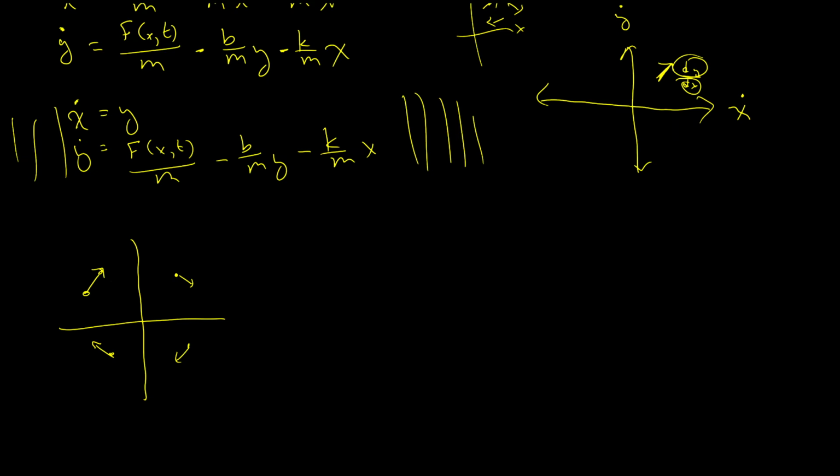In our direction vectors, we're using the idea that x dot is equal to y, and y dot is equal to our function. When we did this, we used an arctangent function, where we did y dot over x dot to get the angle that our object would be at.